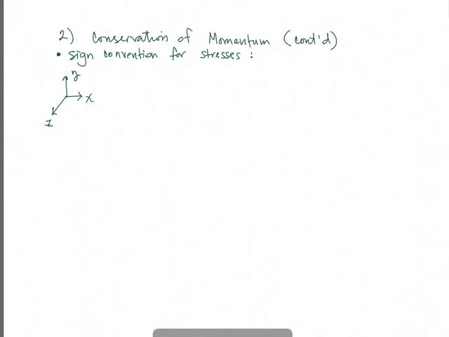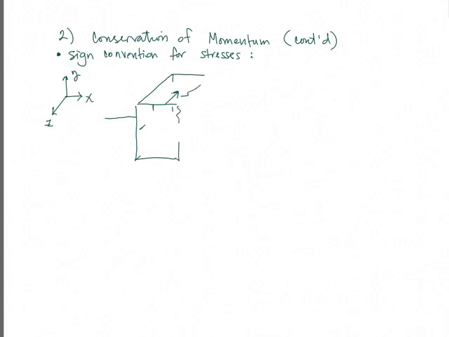And so imagine that we are looking at a piece of fluid, and I'm going to draw just a piece of the cube here. Imagine a piece of cube, and I'm looking at this face here that is behind the cube.